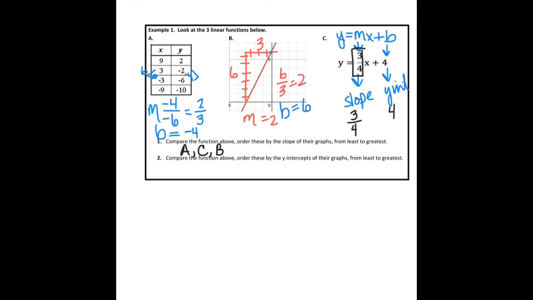If I were to compare these functions again in terms of least to greatest by looking at their y-intercepts, I would see that the smallest y-intercept is negative 4. That comes from function a. The next is c at 4, and then the last one is 6 for function b.